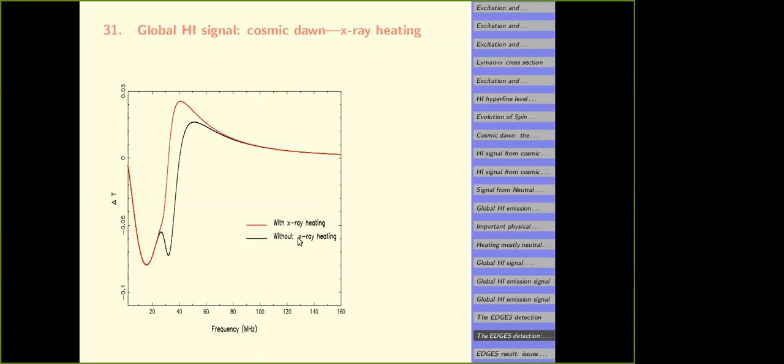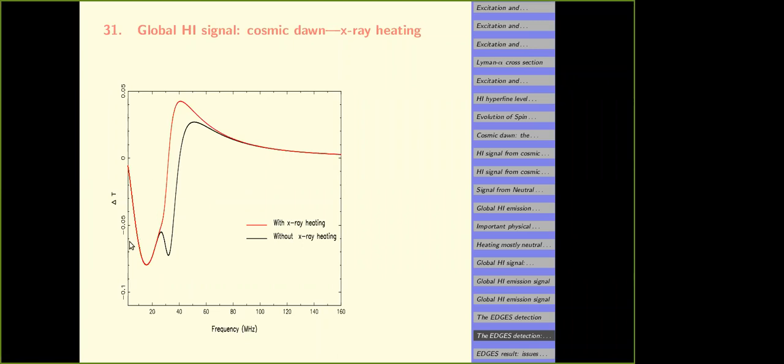So if there was X-ray heating, then you have a trough. It goes into an emission peak. From trough, it goes to emission, and as the universe ionizes, it goes to zero. That's precisely what we might see: one trough from the pre-dawn era, one peak during reionization, and zero. But suppose we did not have much X-ray heating.